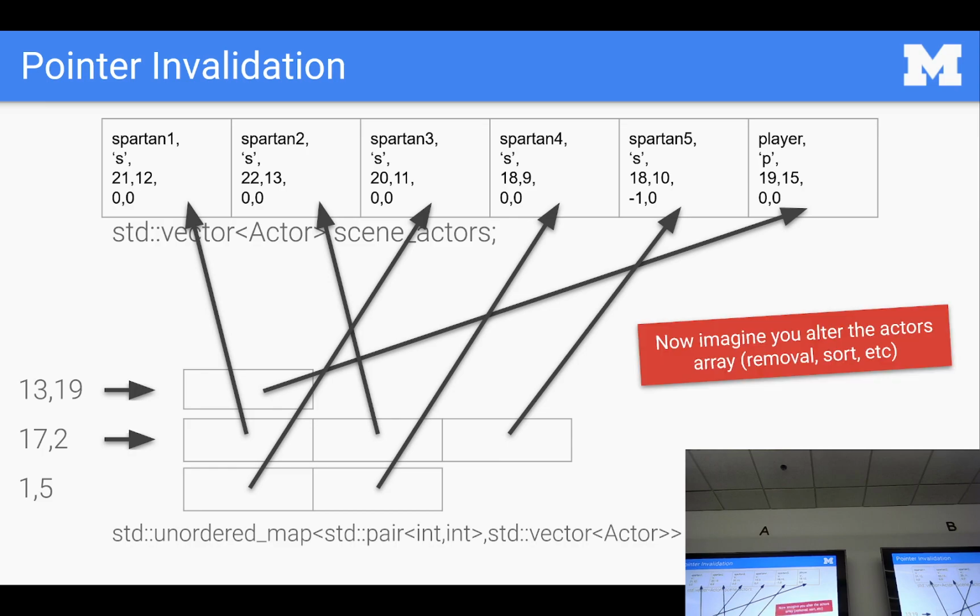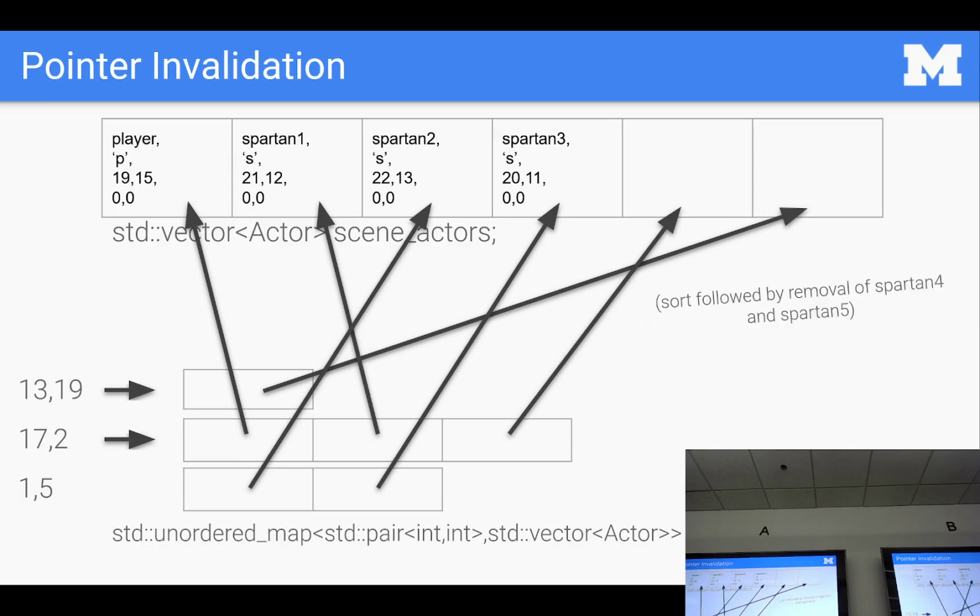But if you alter the actors array, like you remove from it, or add to it, causing a relocation, or if you sort it, now all sorts of awful things could be true. We've just done a sort, and then we've removed Spartan 4 and Spartan 5 at the end of our vector.